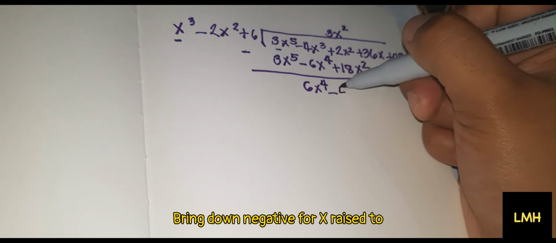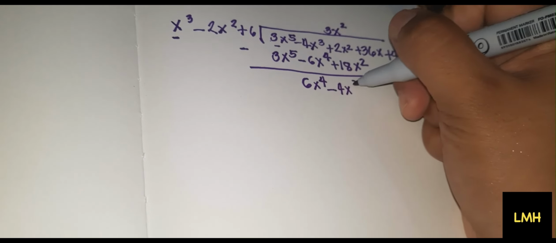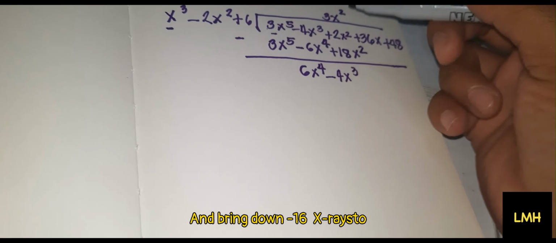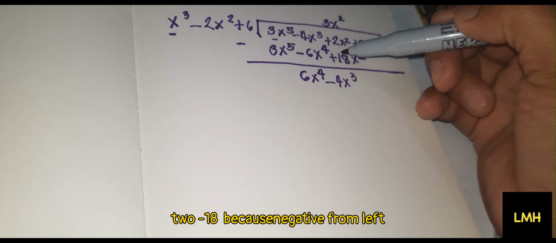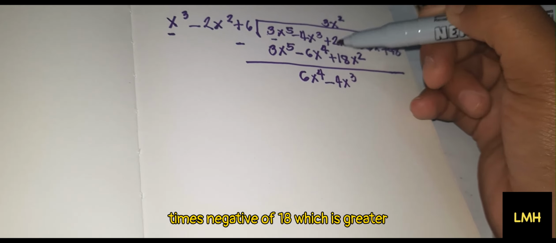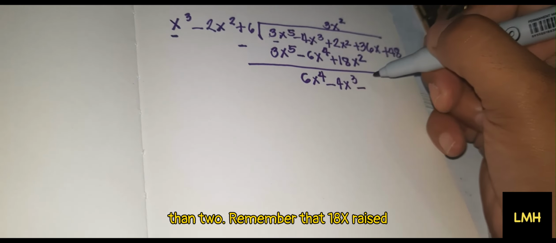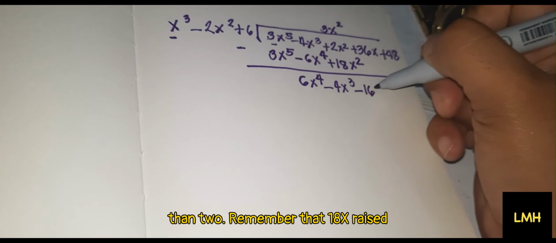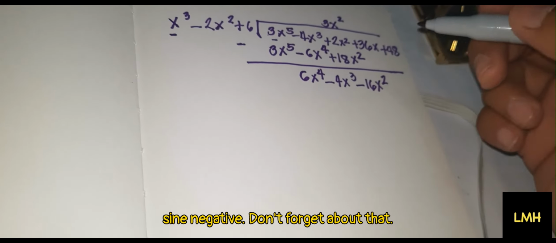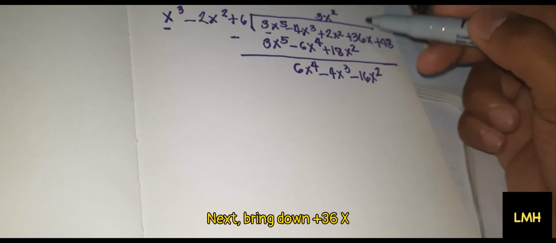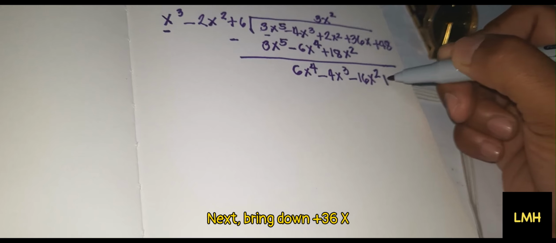Bring down negative 4x raised to 3. And bring down negative 16x raised to 2, because negative 18 is greater than 2. Remember that 18x raised to 2 is larger, thus we carry out the negative sign. Don't forget about that. Next, bring down positive 36x.